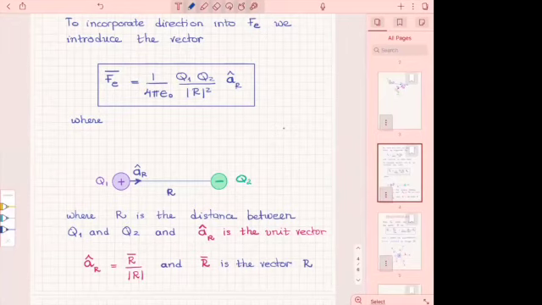So for example, if I have somebody pulling me away and then another person comes and helps this person pull me away, I will feel two different forces and you will have to sum them up because I will have to move in the same direction. So when forces apply and they are along the same direction, they sum up easily. But when forces are in different directions, you have to use vector properties to be able to sum them up.